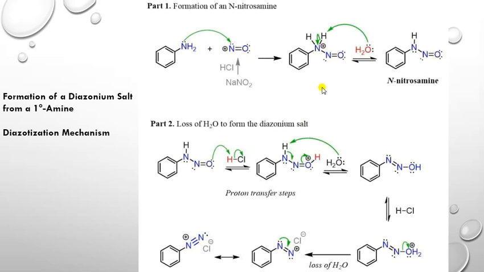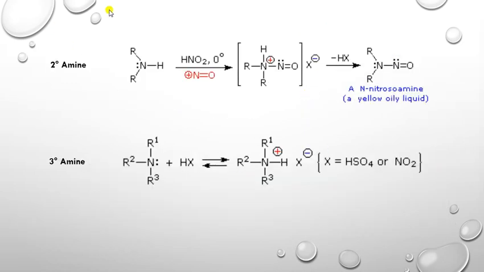As I said, there are two hydrogens here, but on the secondary amine there is one hydrogen, so we will lose it at the first step, and then in the second step there is no more hydrogen, so the reaction will stop here and produce N-nitrosoamine.